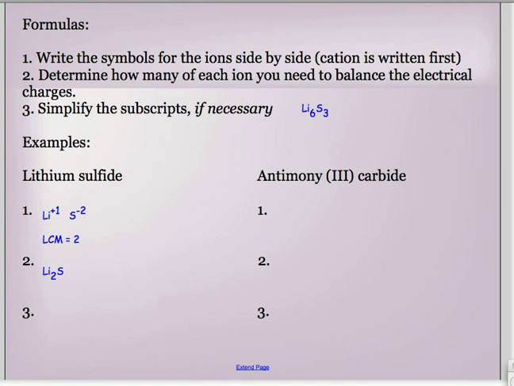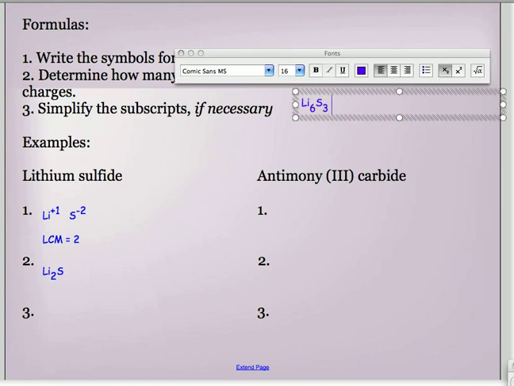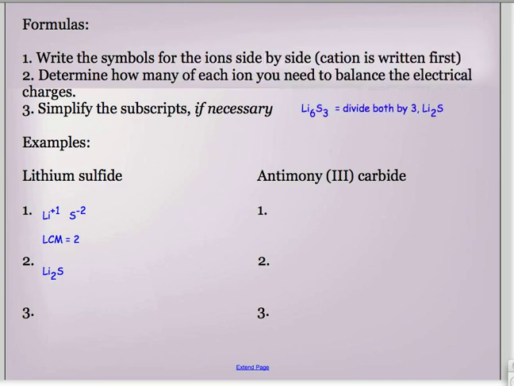So if say you wrote something like this, that's technically balanced, because they equal the same number of positives as negatives, but that's not what we want. So what you would have to do is simplify it down. You divide both by 3, and you would get Li2NS. It shouldn't really happen, but if you do it, you just want to make sure.